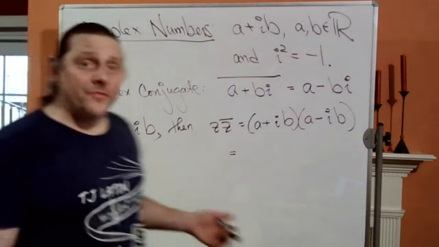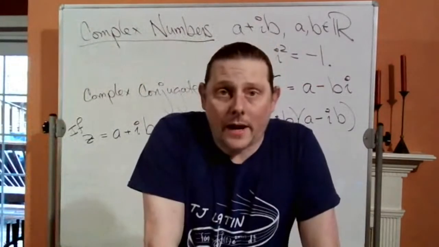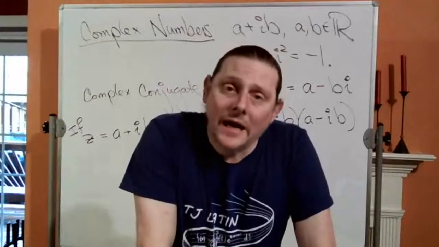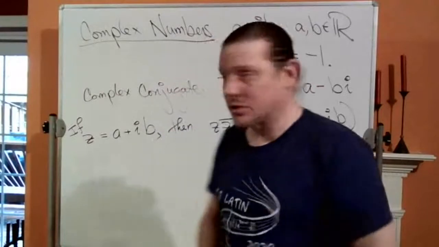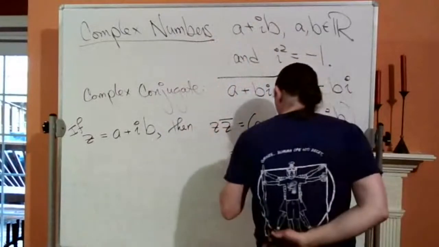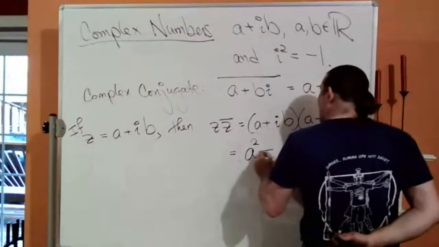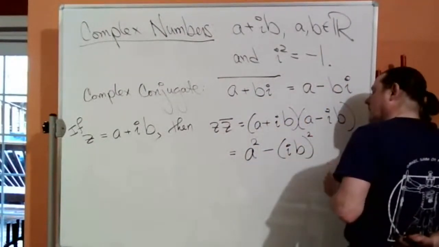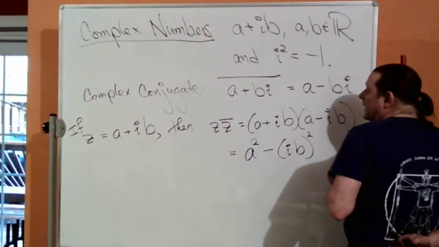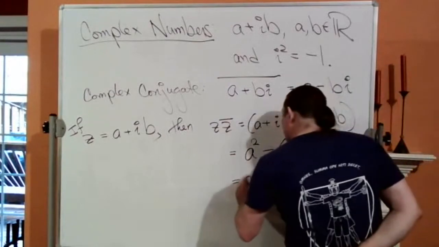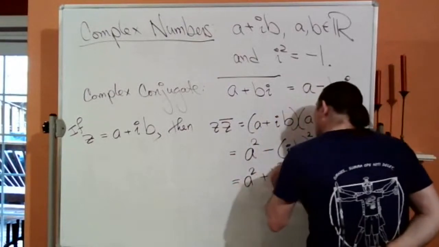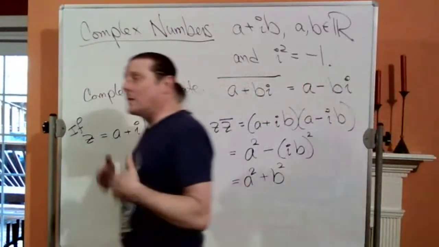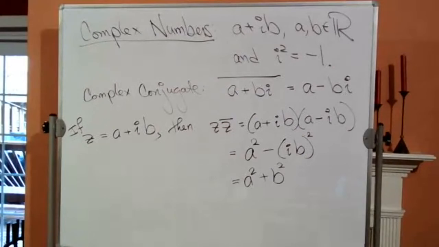We get all of the familiar algebraic manipulations that we have from real numbers carried over to the complex number system. So I would have difference of two squares, a squared minus ib squared. But since i squared is equal to -1, this is simply equal to a squared plus b squared.